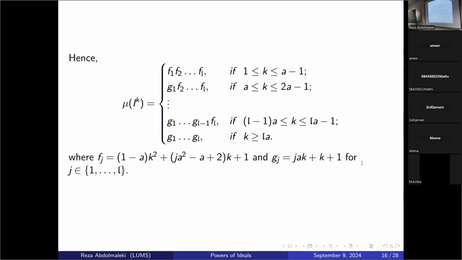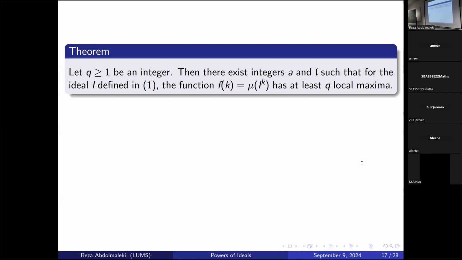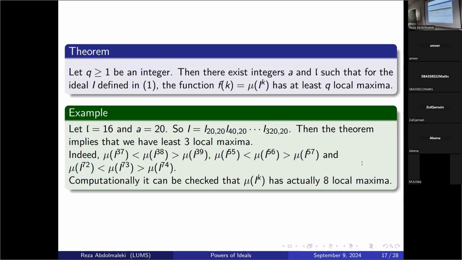But this is only at least. Indeed, in this case, it really has 8 local maxima. But the guarantee is 3.